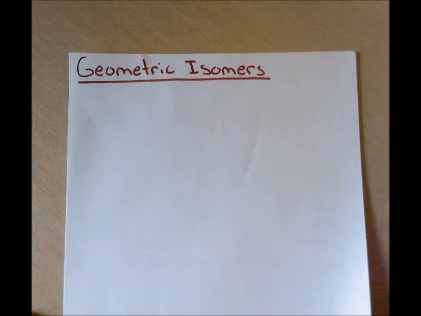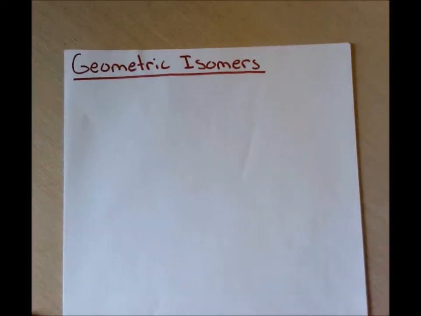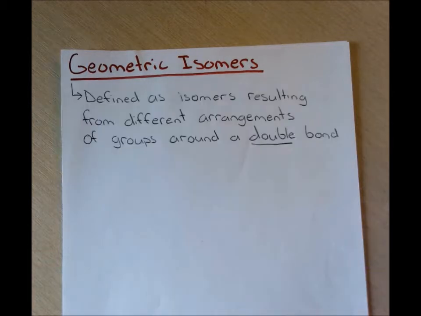We will start out with geometric isomers. Geometric isomers are defined as isomers resulting from different arrangements of groups around a double bond. So the key thing here with a geometric isomer is we need that double bond, and it plays a really critical role in how we see and how we actually draw the structure of this particular isomer.